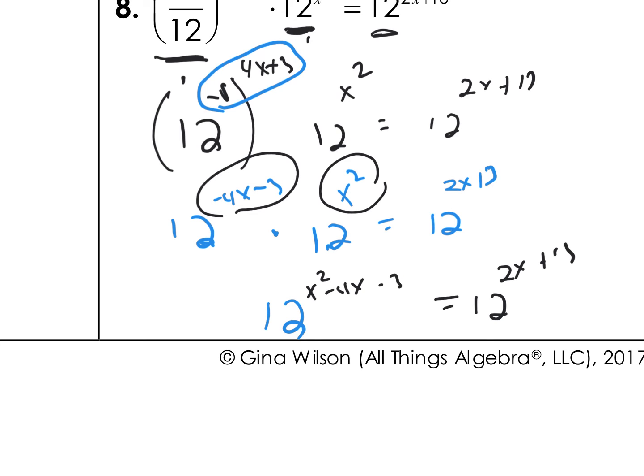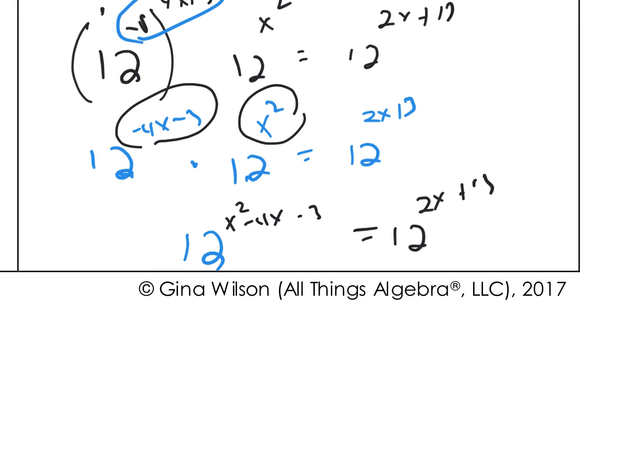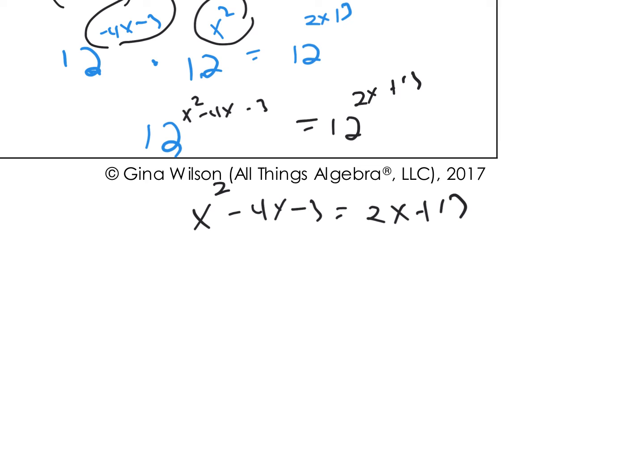Okay. So now I have 2 exponential functions with the same base equal to each other. That means the exponents have to be equal. x squared minus 4x minus 3 has to be equal to 2x plus 13. Again, this is a quadratic equation, I have x squared and a 4x in there, so I have to get everything on one side.